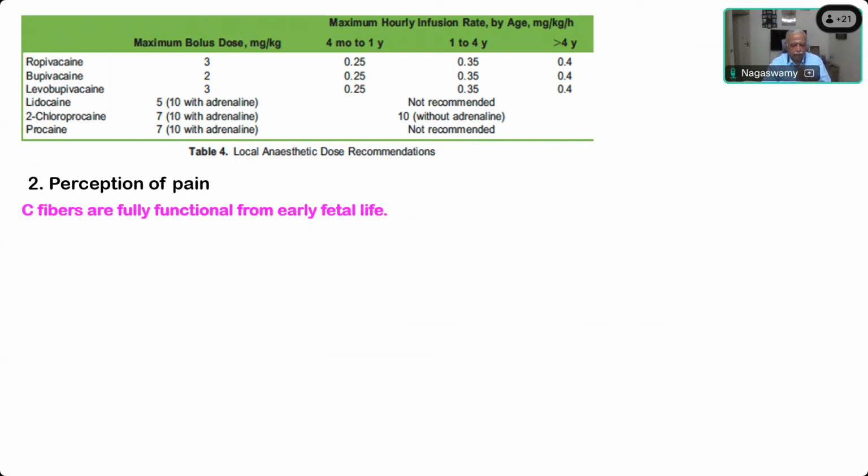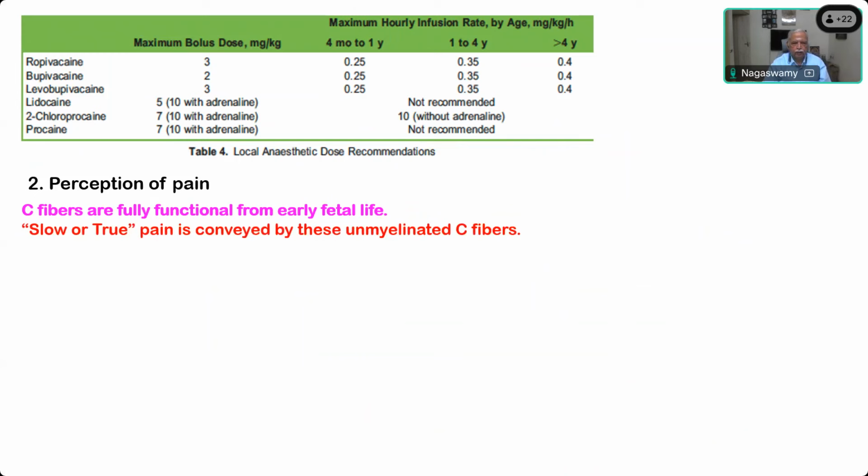Then later on, papers started coming saying that by doing this, you are producing a lot of stress and intraventricular hemorrhage can happen in the babies, especially in the neonates. So then the concept changed and they said that the neonates also can perceive pain like any other person. So the proof is that C fibers are fully functional from fetal life.